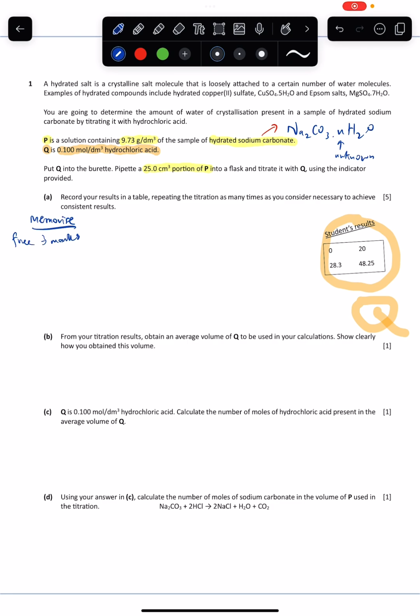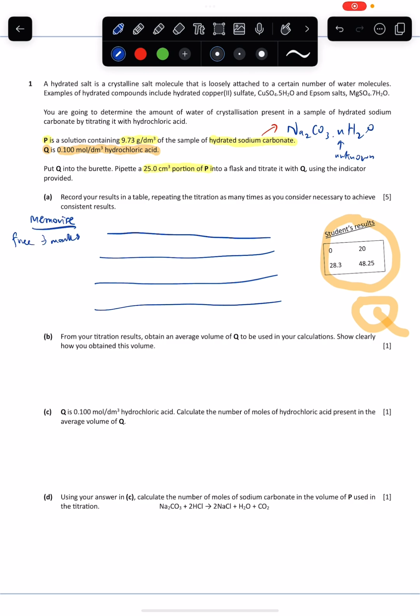So the table will be quite standard. It starts with titration number, whether you want to write a final reading then initial reading, or initial reading then final reading, up to you.